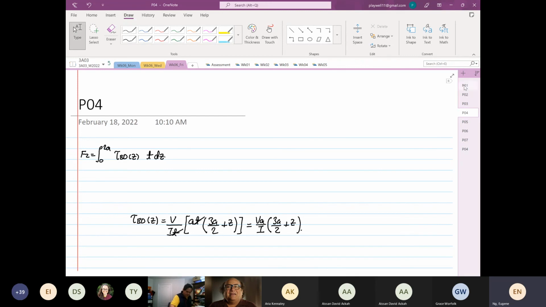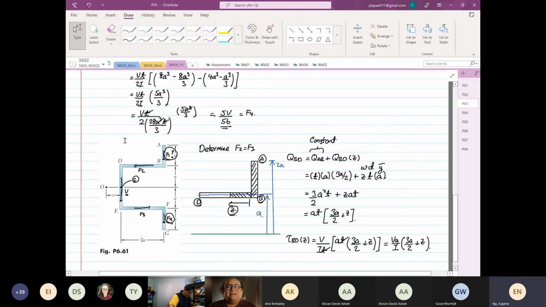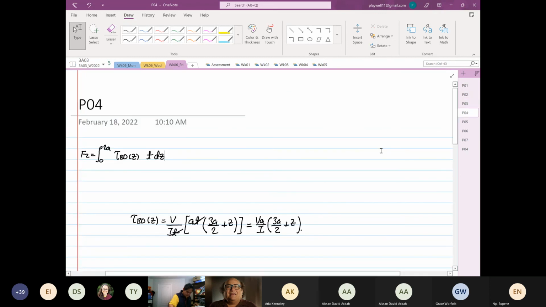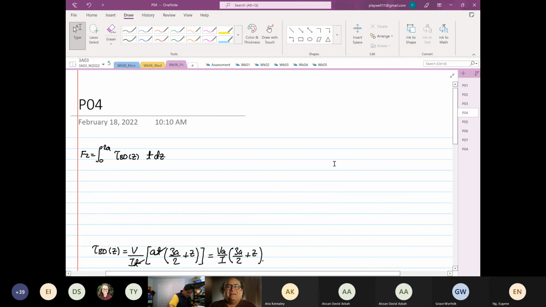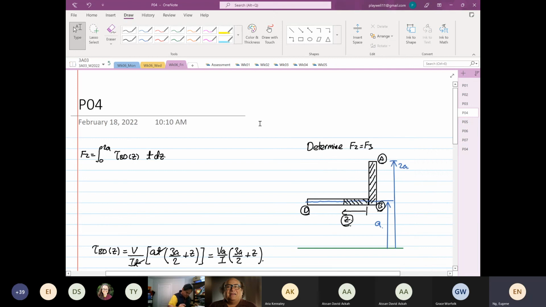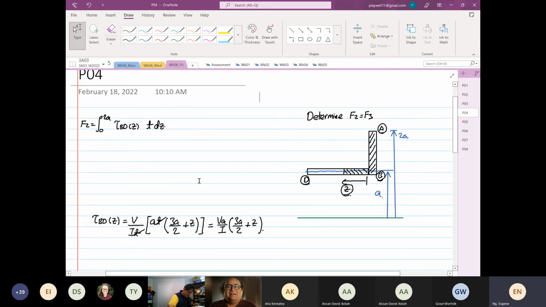Okay, let me get the figure over, then you can see better what we are trying to achieve. Okay, so we are aware that the limits, the distance here is 2a.